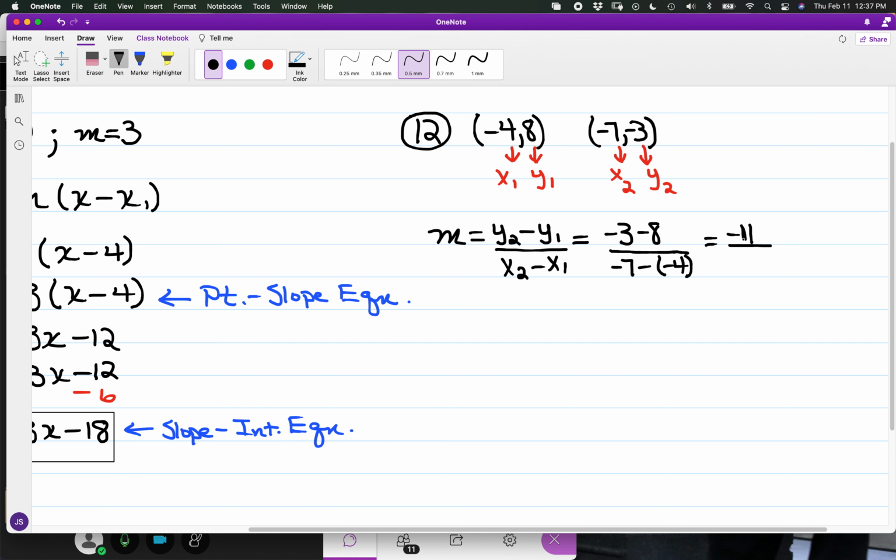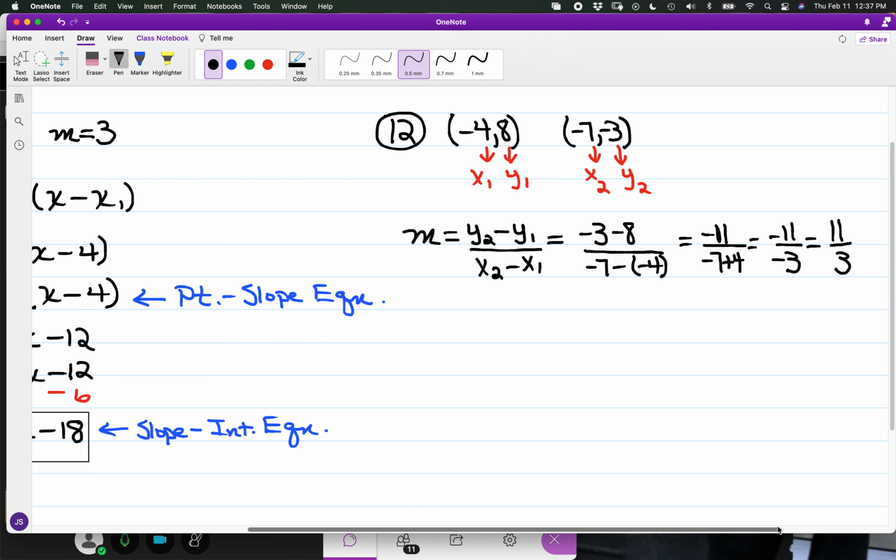At the bottom, we have -7 plus 4, so we're going to have -11 over -3. Here the negatives will cancel out. So the slope is a non-integer positive value, the fraction 11/3.